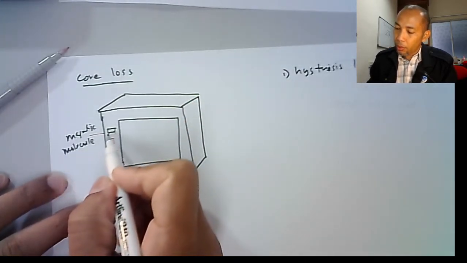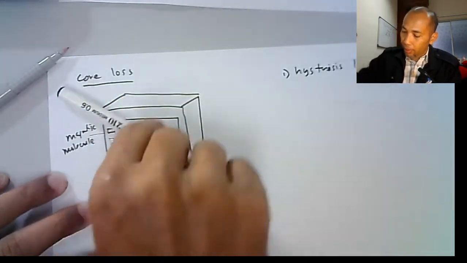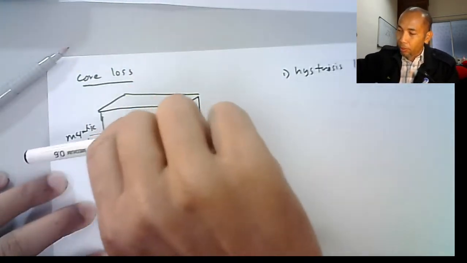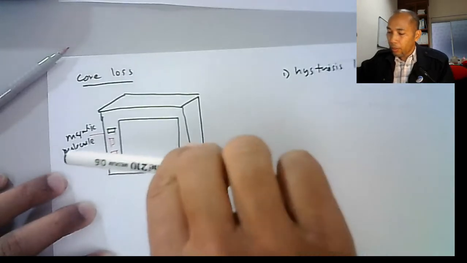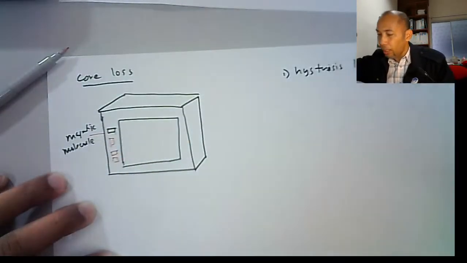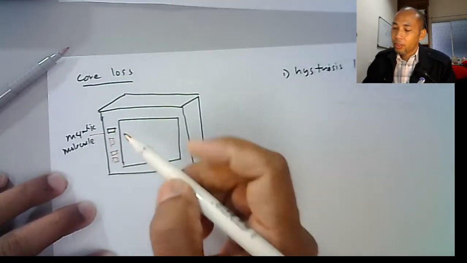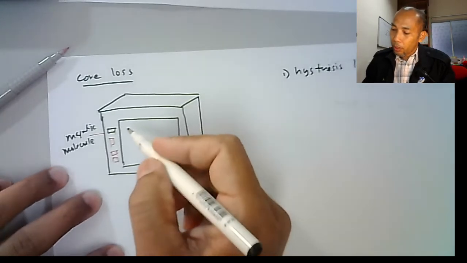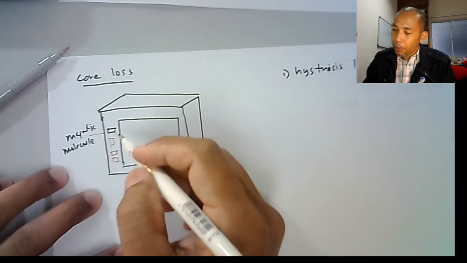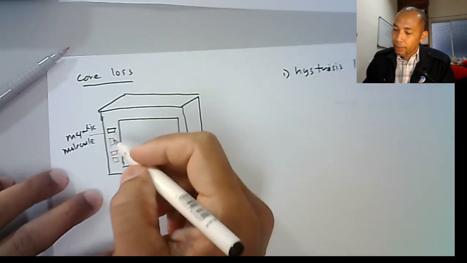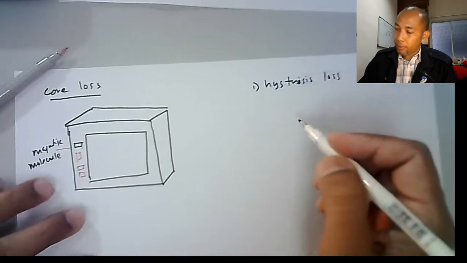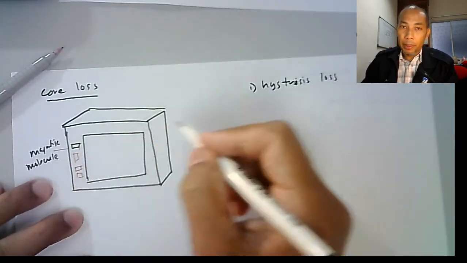So this we call magnetizing and demagnetizing. When voltage increases, magnetizing, and when voltage goes down, demagnetizing. So this will produce losses.